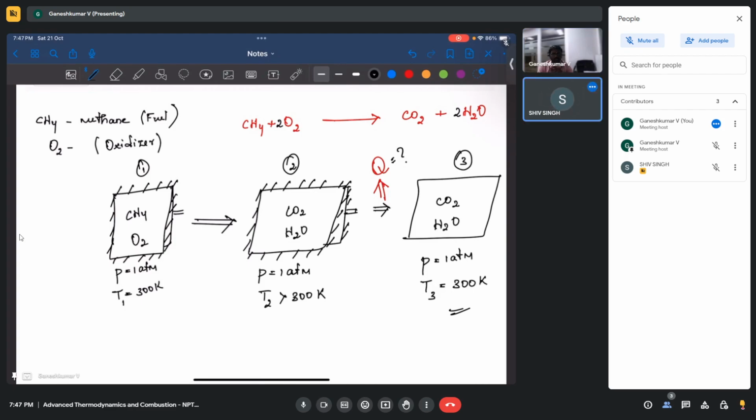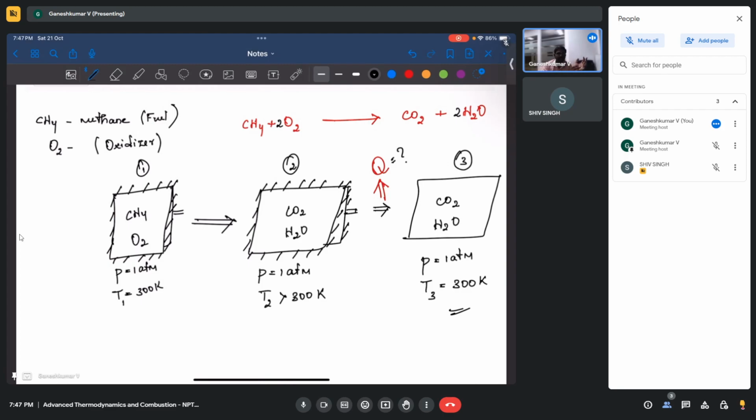Heat of reaction is negative, because from here to here you are generating a lot of heat, right? So H of products minus H of reactants is going to be negative, but heat of combustion is positive, because heat of combustion is the amount of energy you are generating because of combustion.